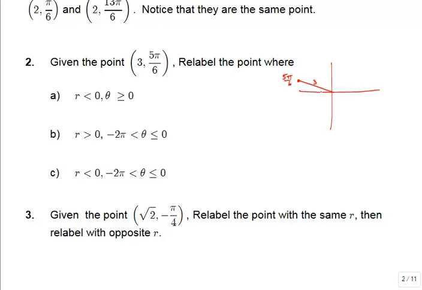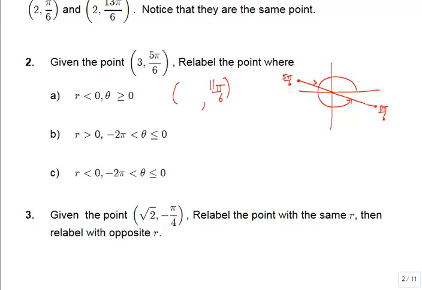If you want to use a negative r, then you're going to need to go in the opposite direction. So what would be this angle going around like this? What's the equivalent π/6 angle down here in quadrant 4? It's called 11π/6. So if we used a theta of, say, 11π/6, that would end us up on this ray.